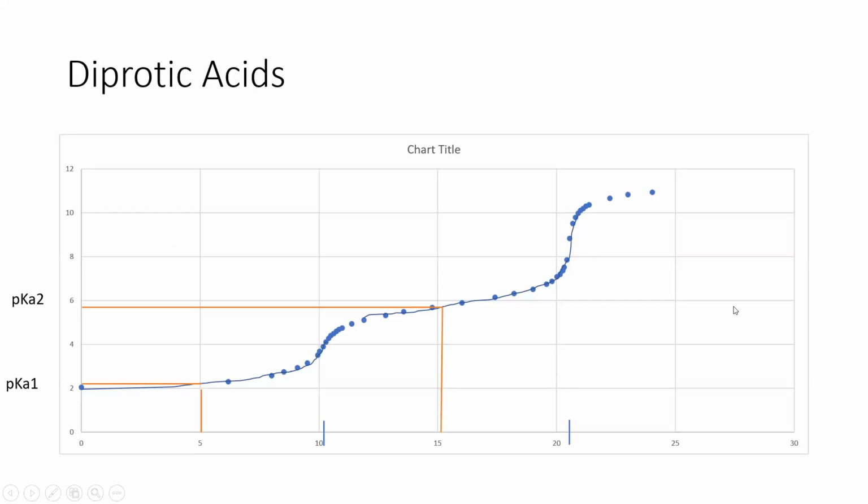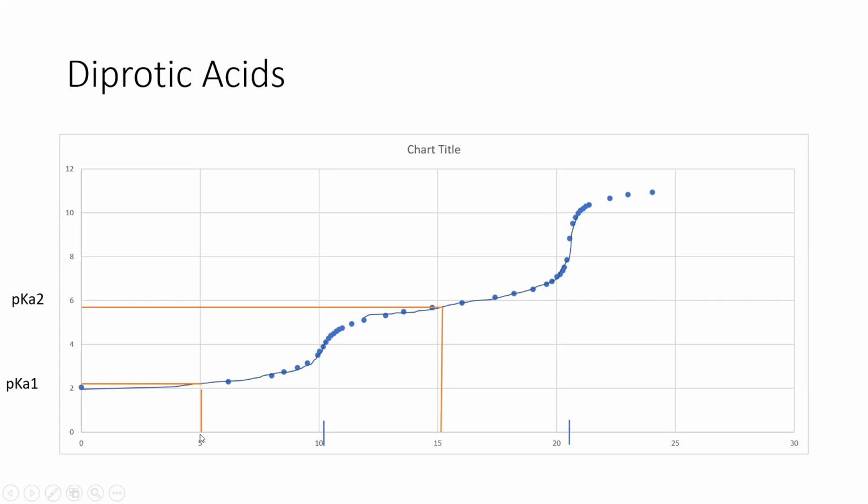Finally, part of the lab you may be asked to do is to find the pKa for each ionization. The first pKa is going to be halfway between the start and the first equivalence point. We said our first equivalence point was just above 10, so halfway is about 5.